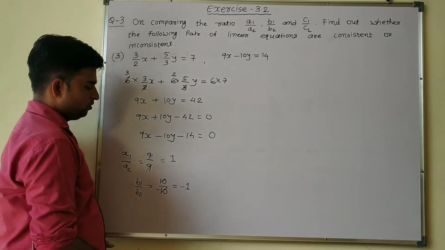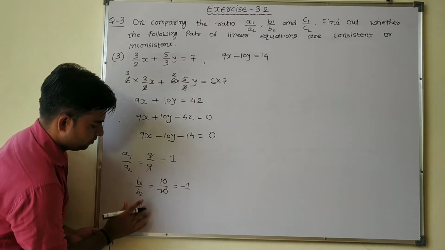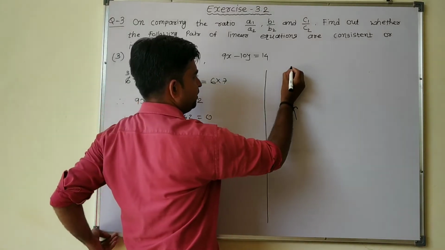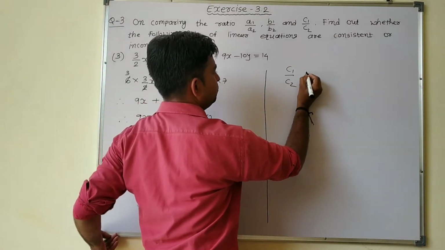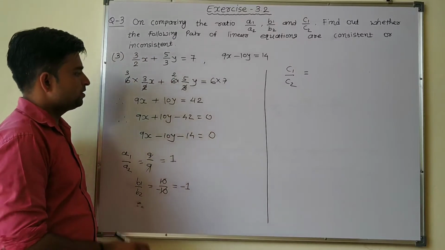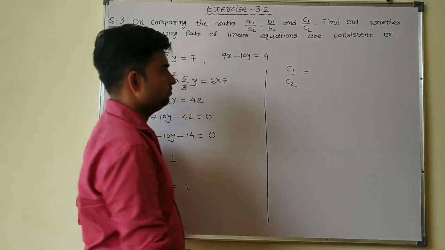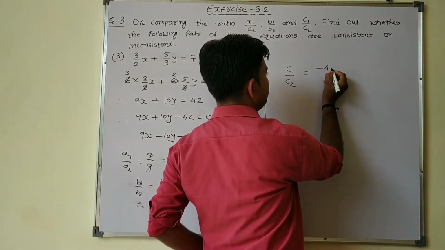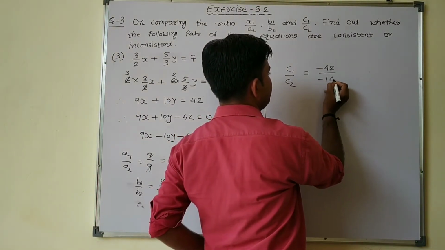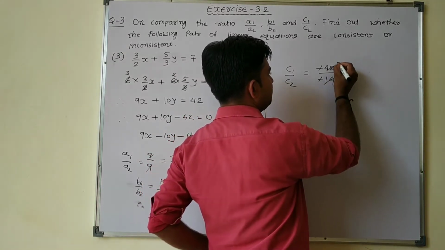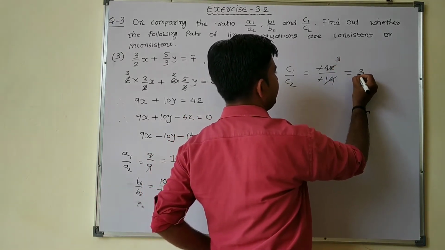Now the third ratio, C1 upon C2. From here C1 is minus 42 and C2 is minus 40. So minus 42 upon minus 40. The minus will be cancelled and 14 3s are 42. So the answer is 3.